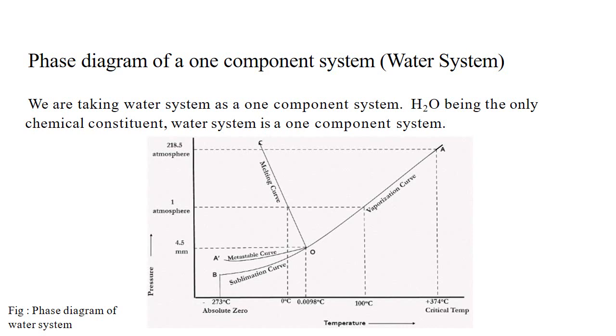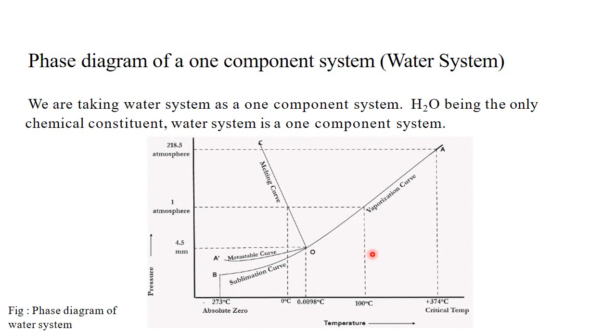So according to phase rule, the value of C, the component, is equal to 1, the value of P, phase, is equal to 3. This is a phase diagram, or we can say this is an equilibrium diagram of a one component system. So the pressure, which is the variable, is taken along the y-axis, and the temperature is taken along the x-axis.